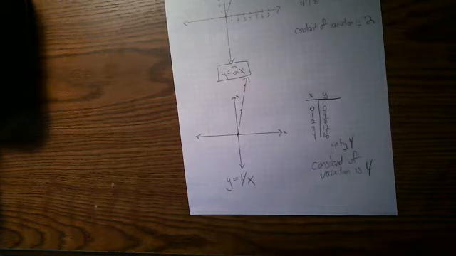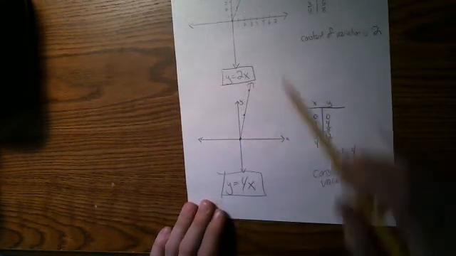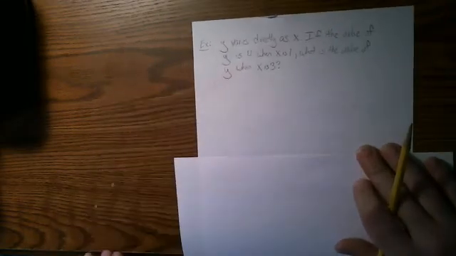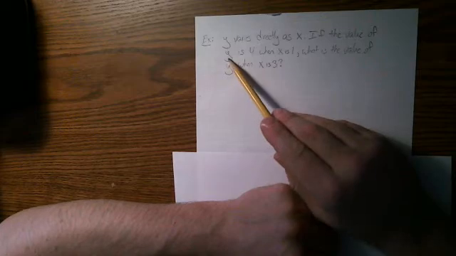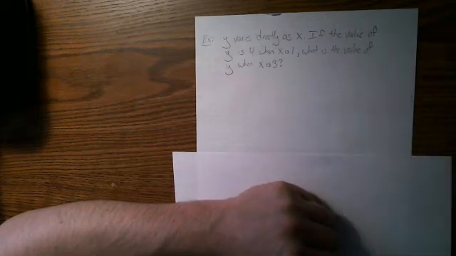So now we're familiar with the equation of direct variation. We're familiar with the graph of direct variation. Let's work on some application. Okay, so here's a word problem. y varies directly as x. If the value of y is 4 when x is 1, what's the value of y when x is 3?